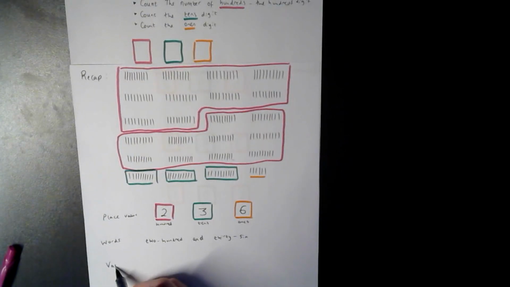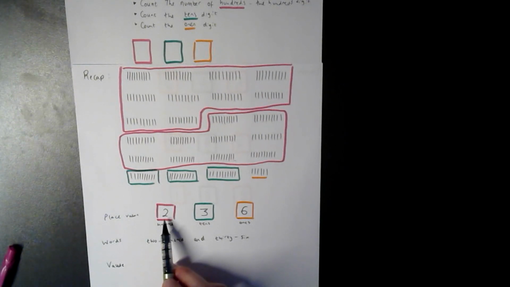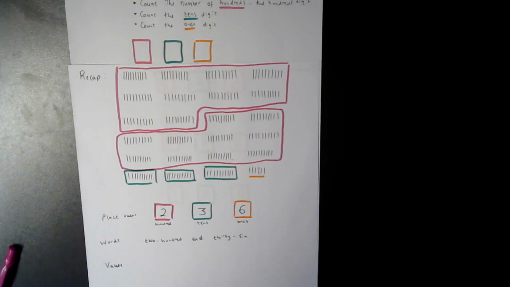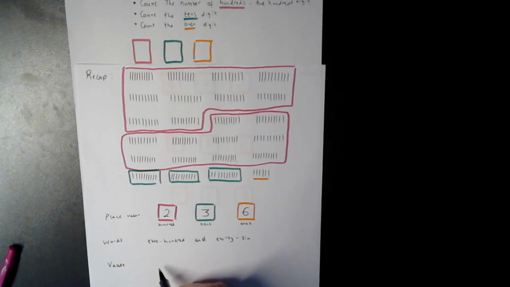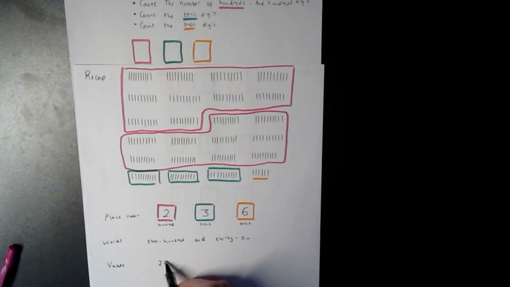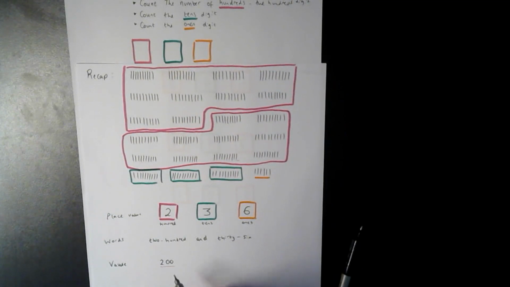So if we look at the value of our number, well, 2 is in the hundreds digit, so that means it represents 200. So if we just focus on this 200, if we were to write that as a number, it would be 200. So that corresponds to the hundreds.